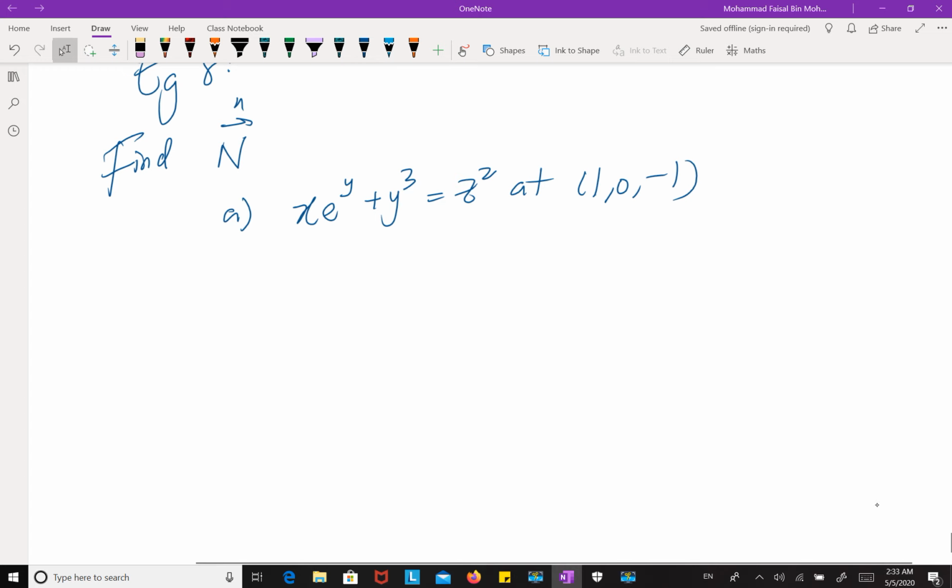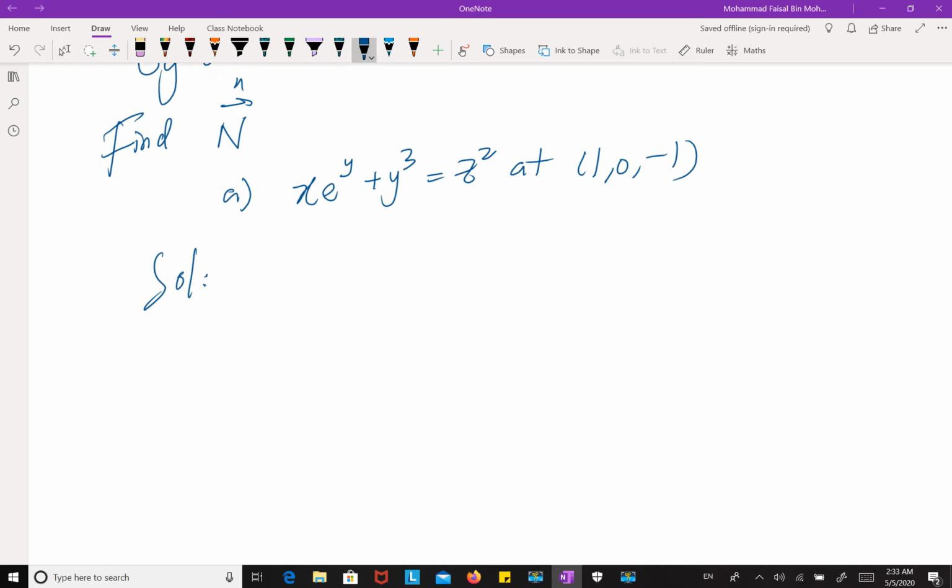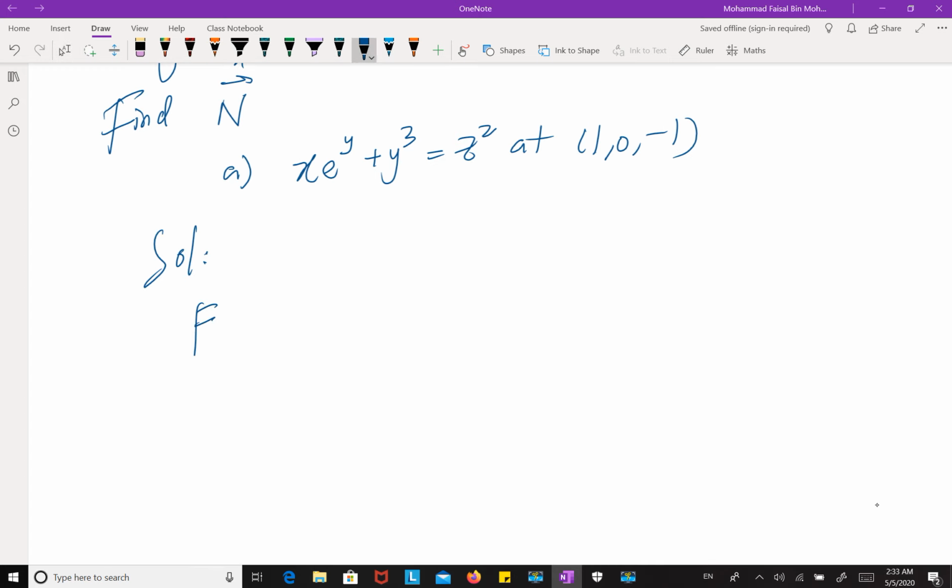So solution. F(x,y,z) will be x e to the power y plus y^3 minus z^2 equals 0. Easy, just bring it to the left, or your minus z^2 for both sides, left hand side and right hand side.